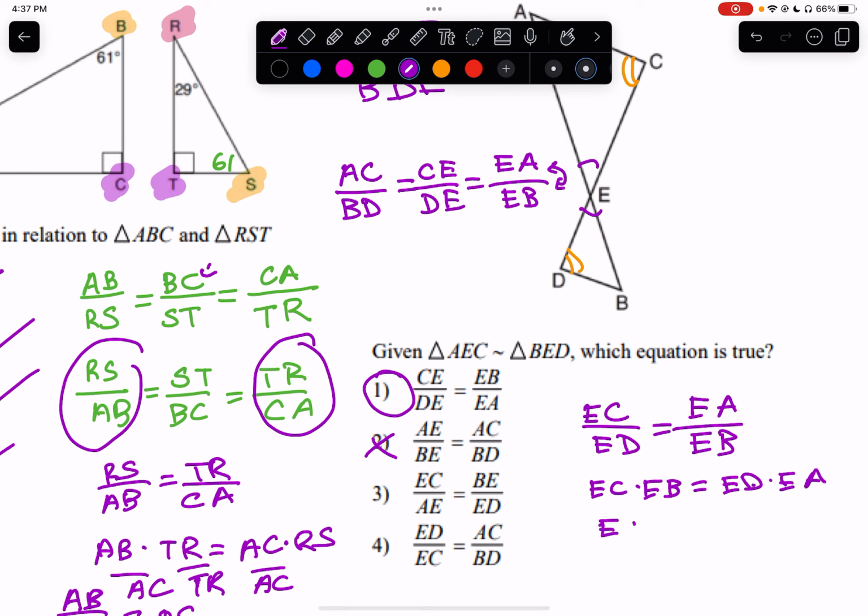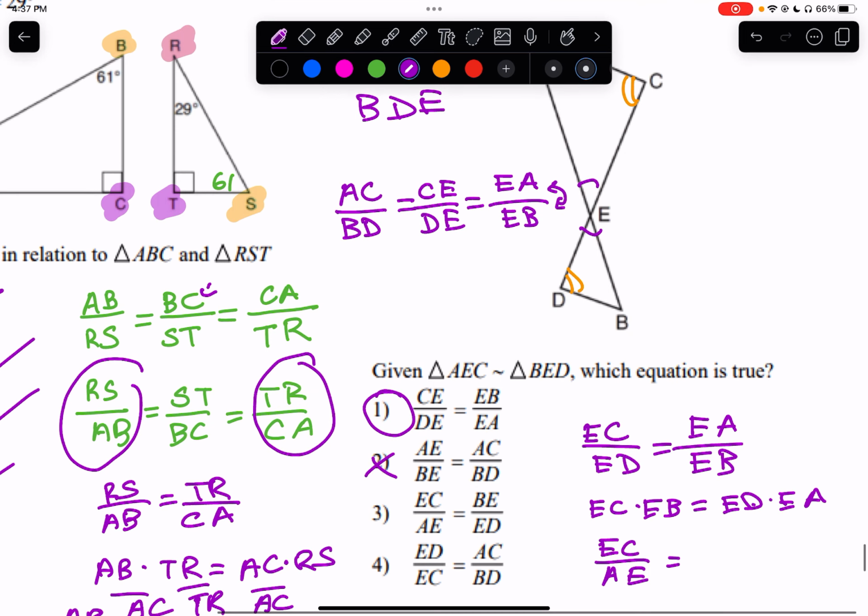So you'll end up with EC over AE is equal to... okay, this is also giving me a bit of a head scratch because I'm getting the opposite as well. So I have to go through and double check.